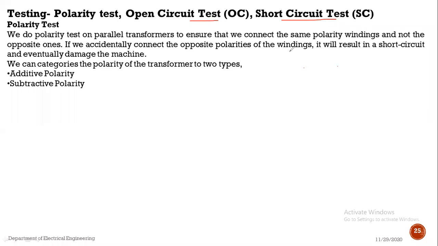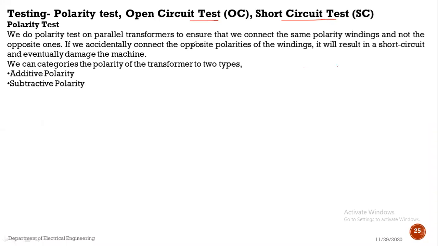What is the importance of polarity checking? That means if by mistake we connect the opposite polarity, जर आपण opposite polarity connect केली, then there may be a short circuit, or eventually it will damage the machine. Okay, see what I am telling.